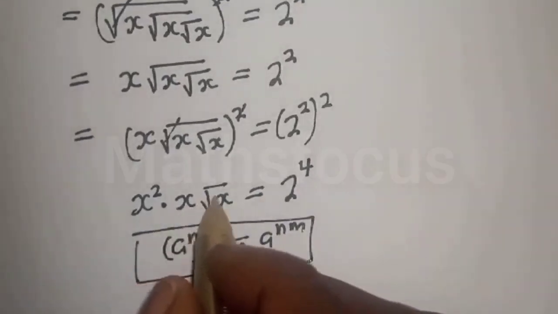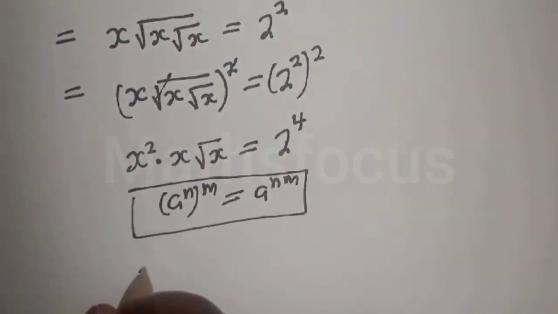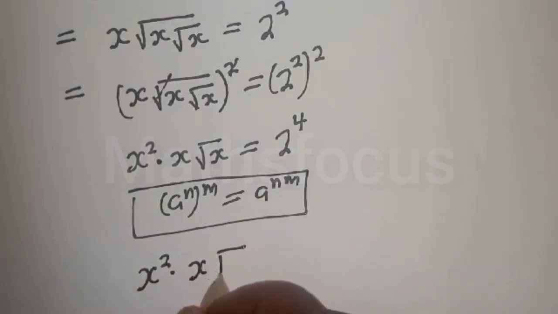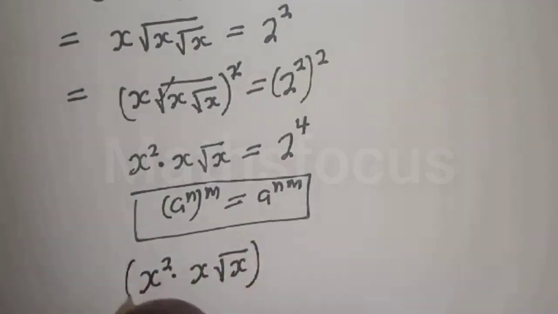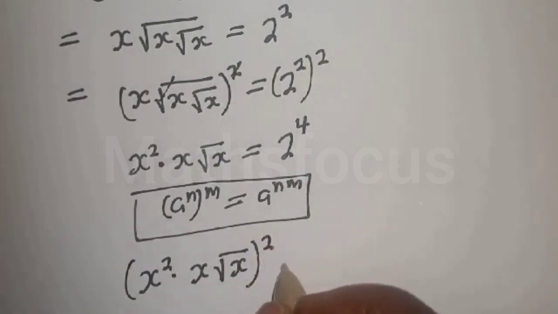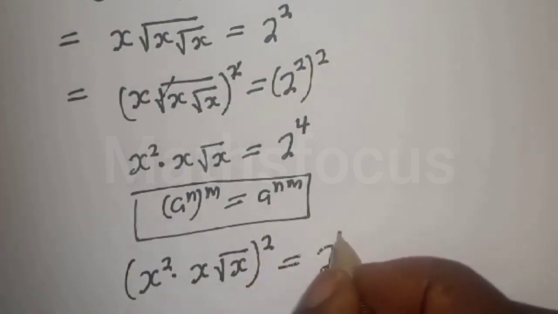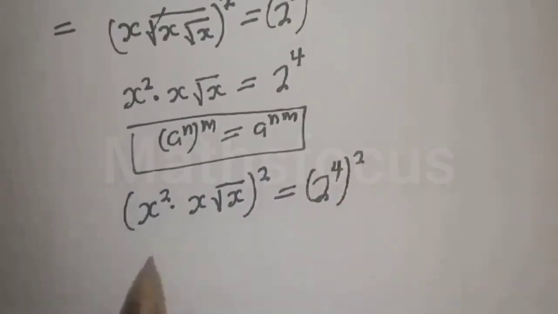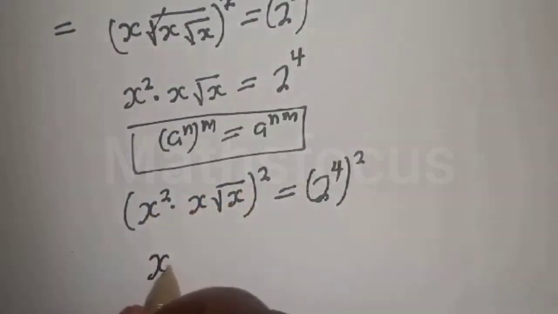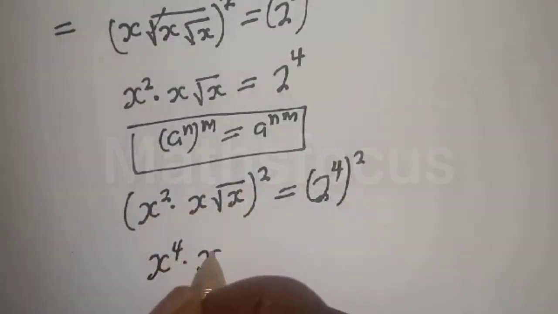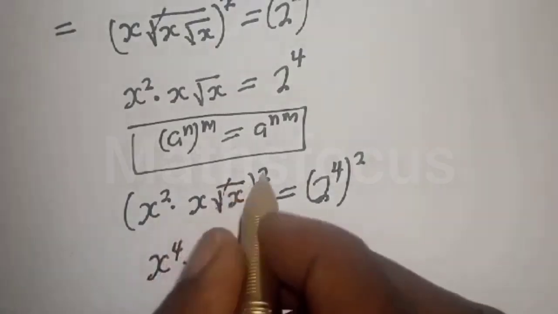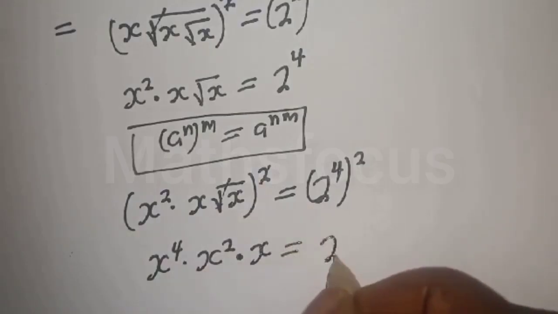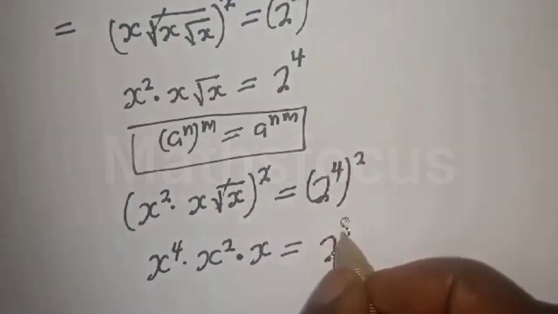And from here, let's take the square of both sides again. S squared multiplied by the square root of s, all squared is equal to 2 raised to power 4, squared. Let's see, this is s raised to power 4 multiplied by s squared. This will cancel this, multiplied by s is equal to 2 raised to power 4 times 2, that is 8.